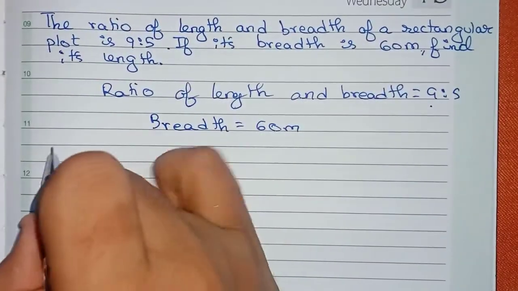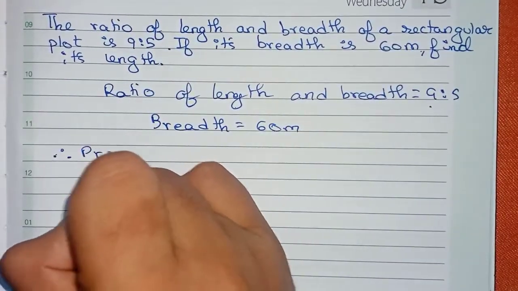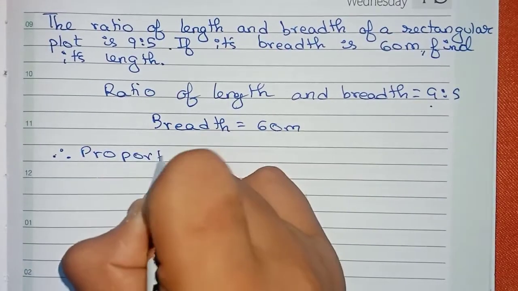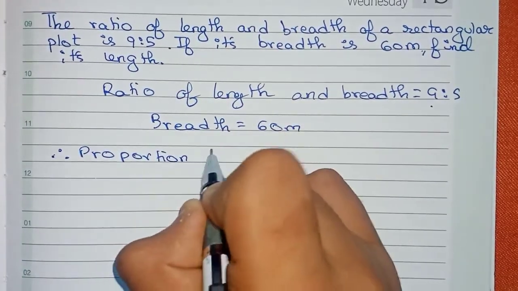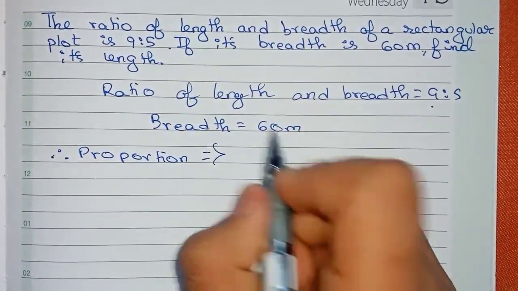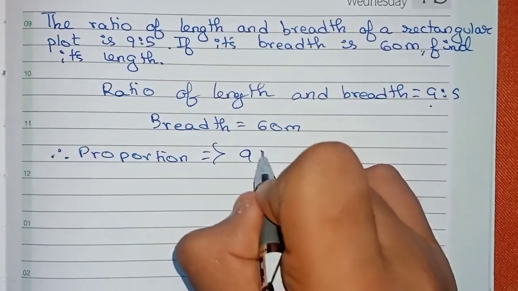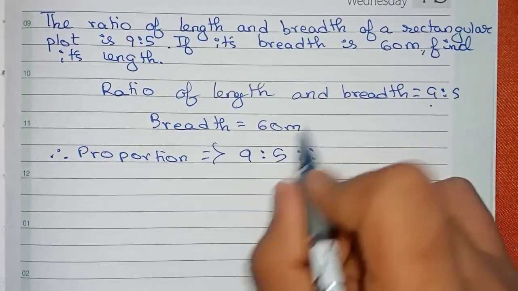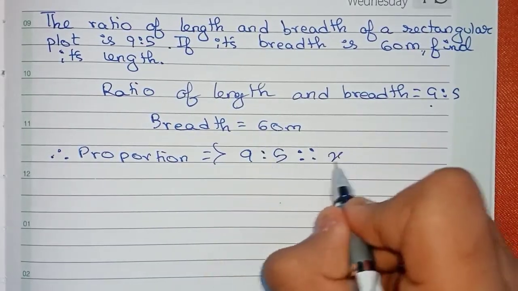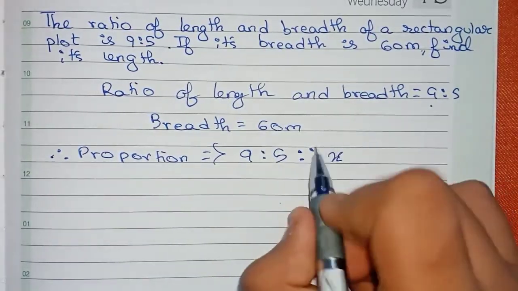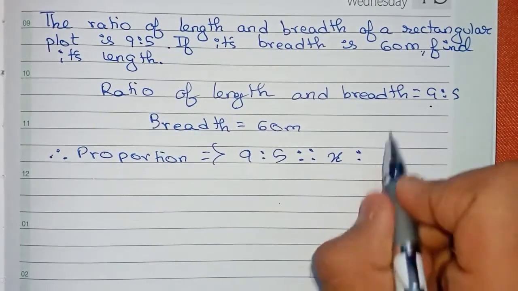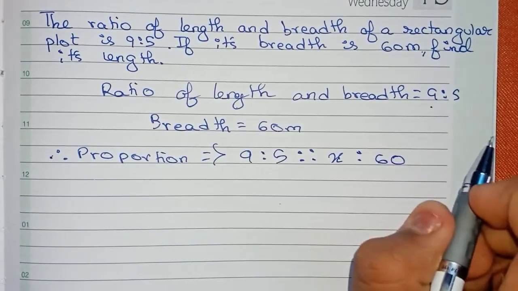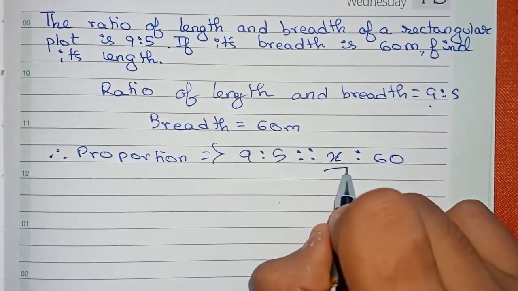So now we make our proportion. Proportion equals, first the ratio of length and breadth, that is 9:5. As length comes first, we have to write x here as the length, because we have to find it, and after that breadth, that is 60. So this will be a proportion and we have to find the value of x.